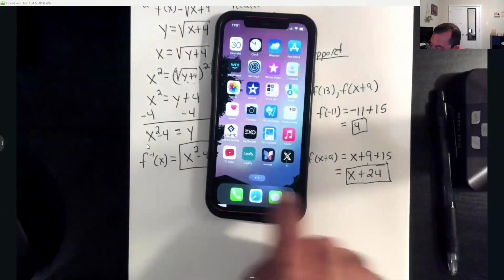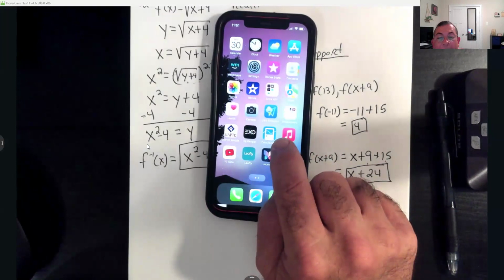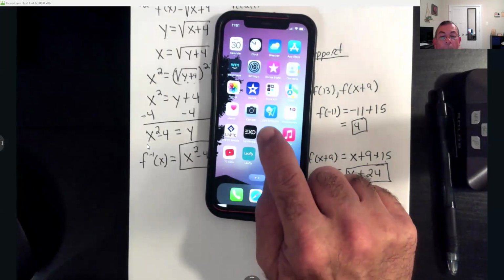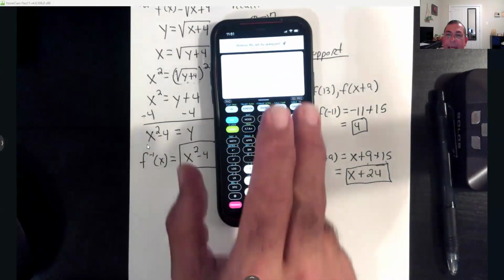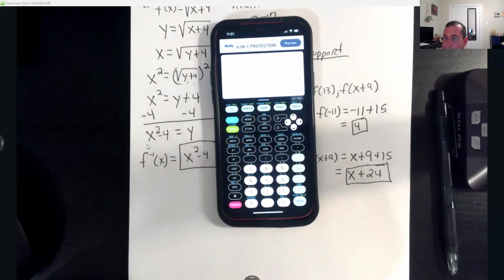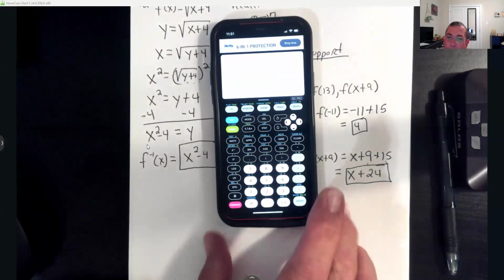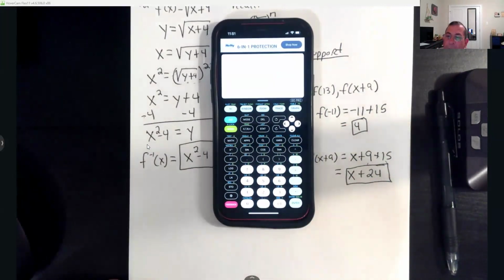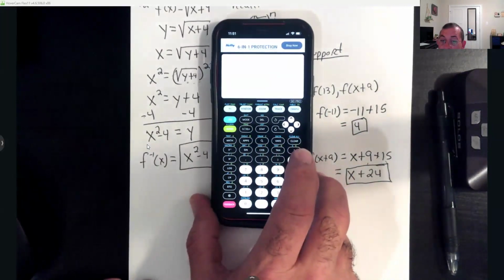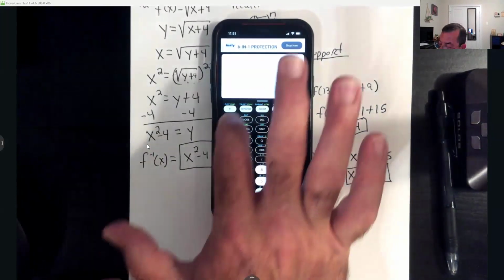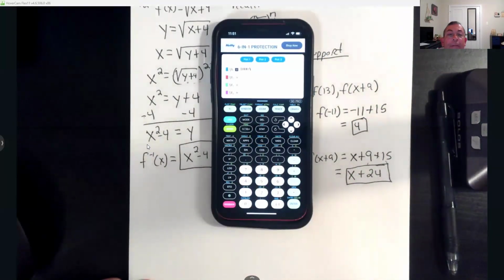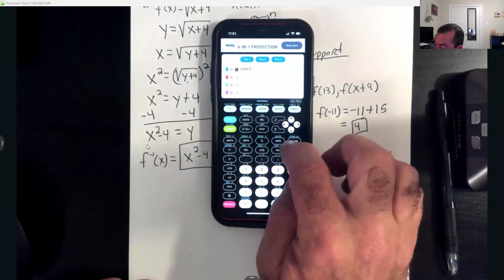So y'all, there's an app on your iPhones you can get called Calculate 84. When you download that, look, it looks exactly like my TI-84, okay? So if you can't afford a handheld calculator, or you don't want to spend $150 on one, this is a free app, and it will do everything I'm doing on my calculator, okay? It's got the graph, and you can go to graph and all that fun stuff, okay?